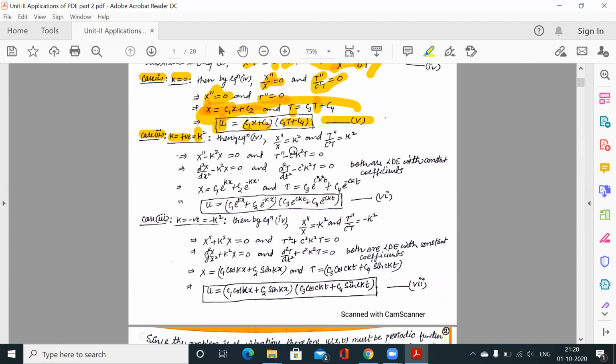I have written this as k square because if it were k, we would get one auxiliary equation like m square minus k is equal to 0, so we would get roots m is equal to square root k and minus square root k. So every time we would have to write square root k, square root k. So just to make the solution simple, I have chosen this as k square.